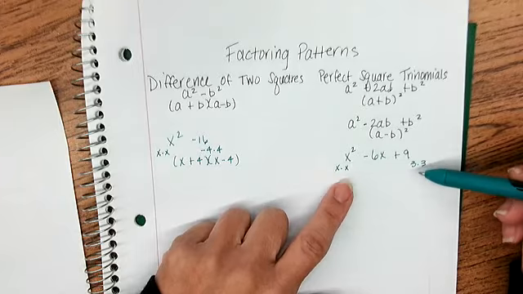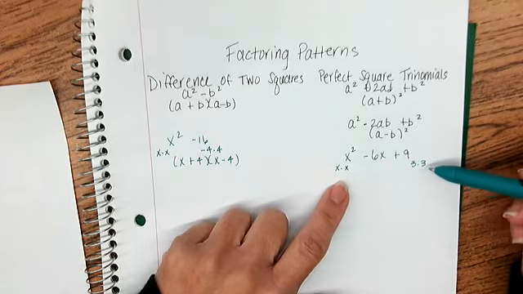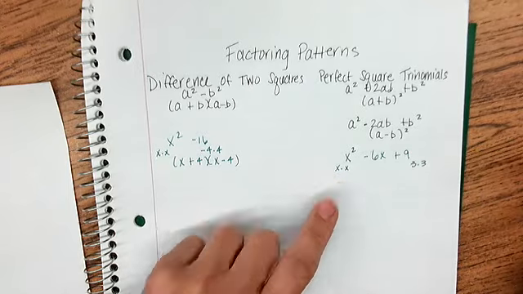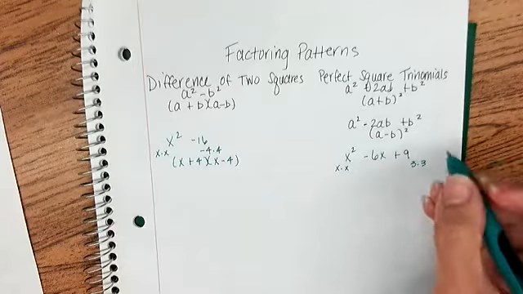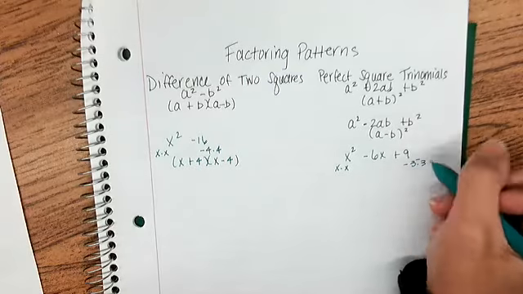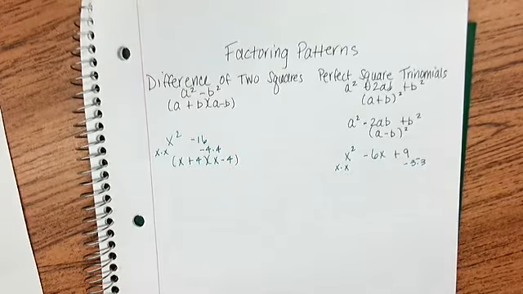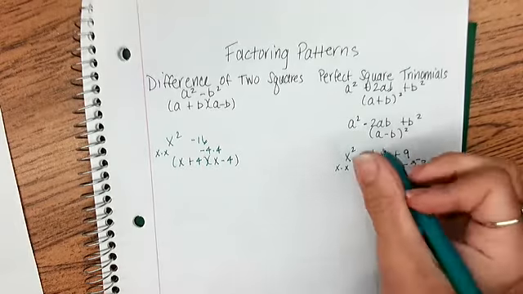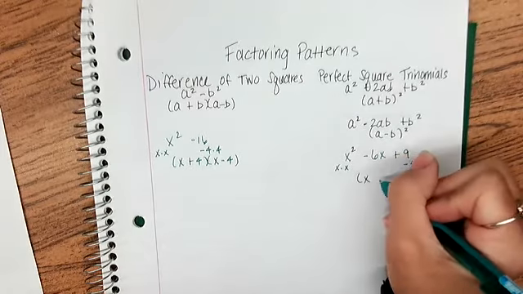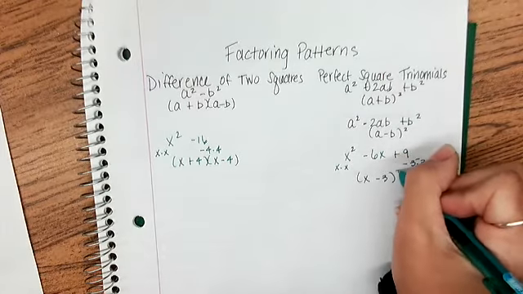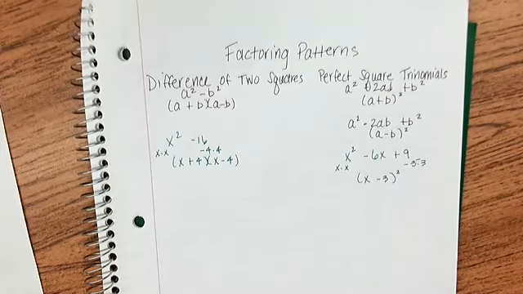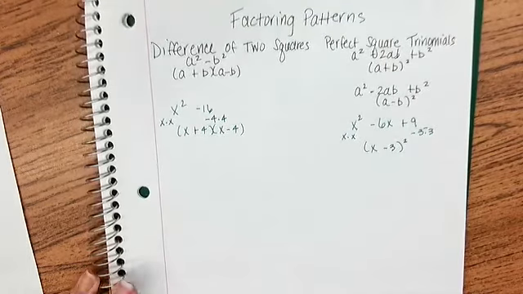When you multiply x times 3, you get 3x. When you add those, you get 6x. So negative 3 times negative 3 is also 9. So this is called a perfect square trinomial, and it factors as x minus 3 squared.